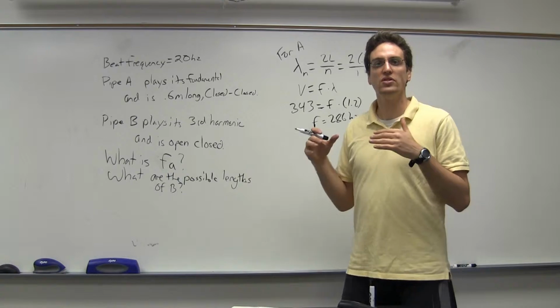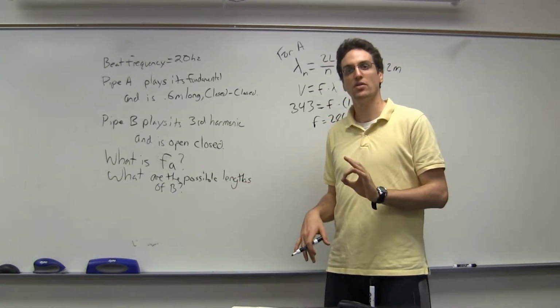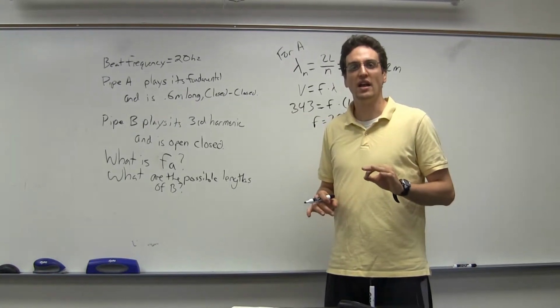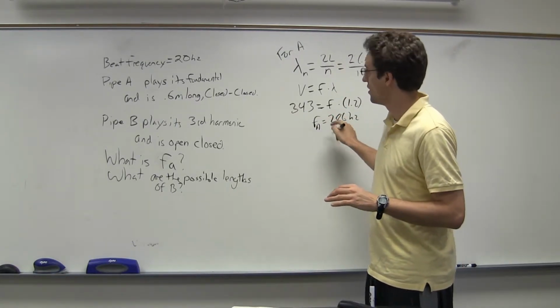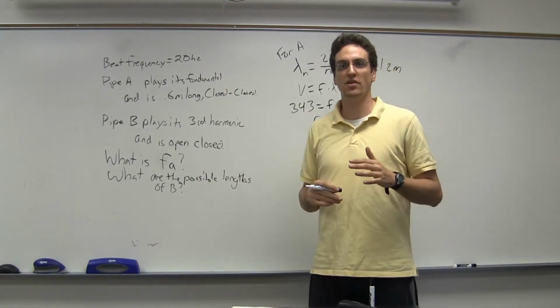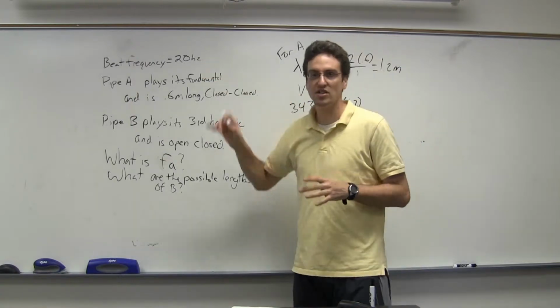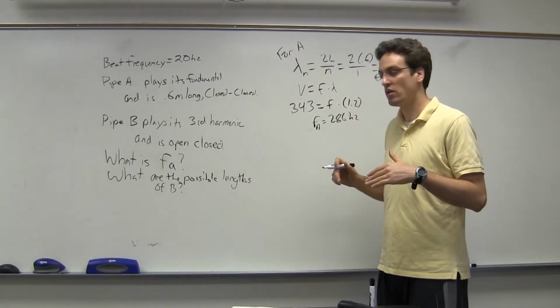Now I want to use that to find the possible lengths of B. I can use this frequency of A along with the beat frequency to find the possible frequencies of B. Because my beat frequency is 20, that means A and B differ by 20.